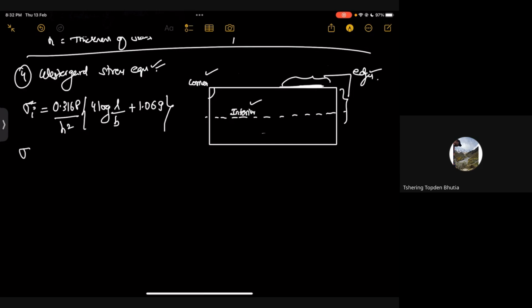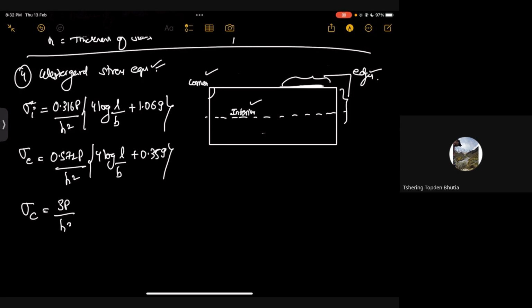Then at the edge we have 0.572p by h square, it's quite similar, look, 4 log L by B plus 0.359. And finally we have sigma corner, that is 3p by h square into 1 minus (a root 2 by L) to the power 0.6. So these three are the important stress calculating equations as per Westergaard.